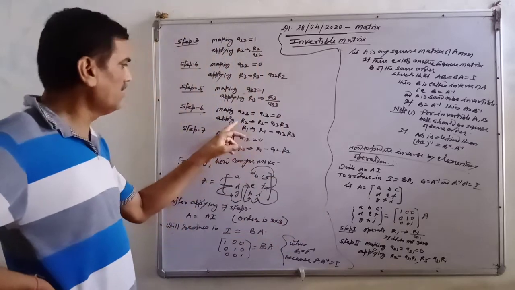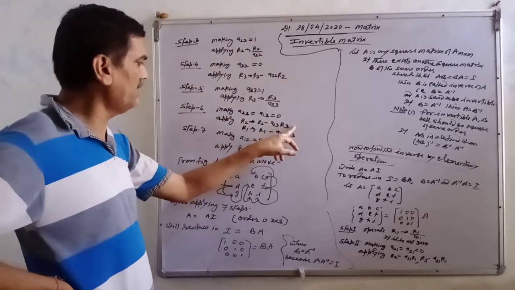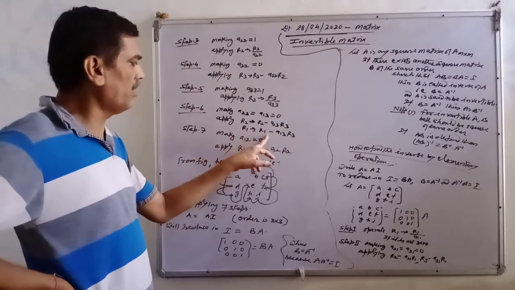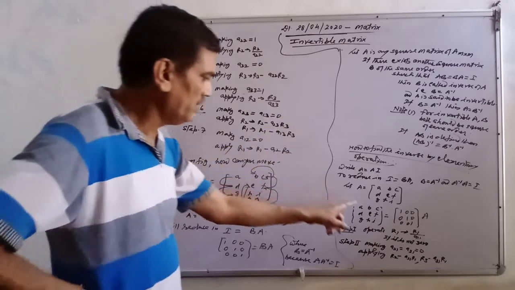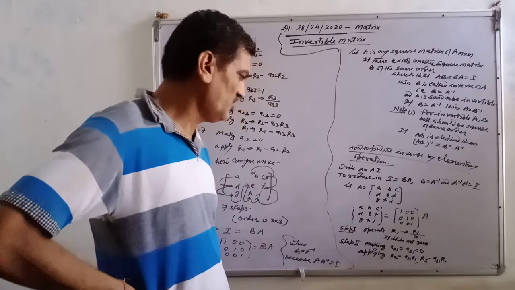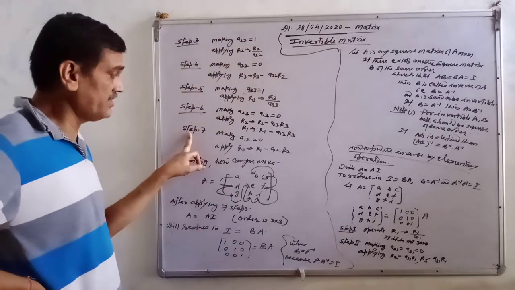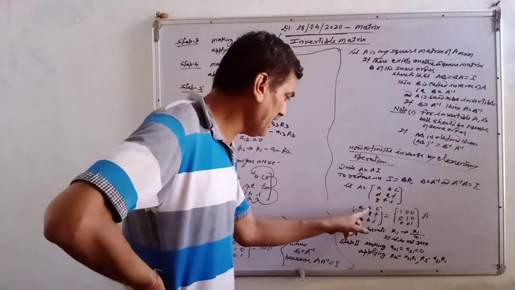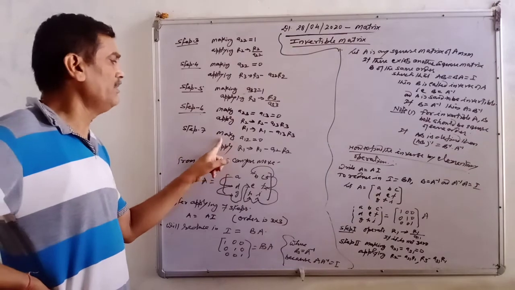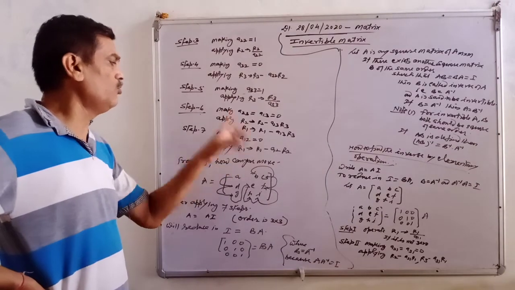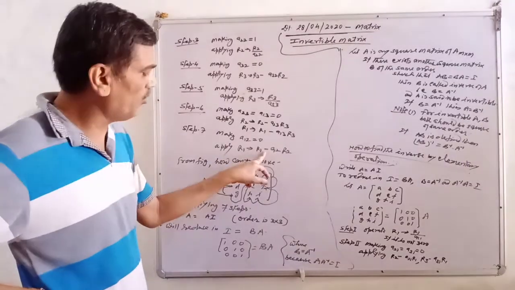So for these, applying R2 tends to R2 minus A23 R3 and R1 tends to R1 minus A13 R3. So applying these two, this and this will become 0. And in the last step, making this element 0, meaning B should be 0. For this, B means A12 is equal to 0. So applying R1 tends to R1 minus A12 R2.